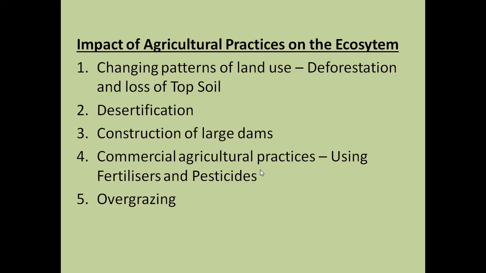Now the fifth cause is overgrazing. We all know that the farmers have a large number of cattle, and to feed them all the time is not possible. So what they do is shift the pressure onto the grassland areas.